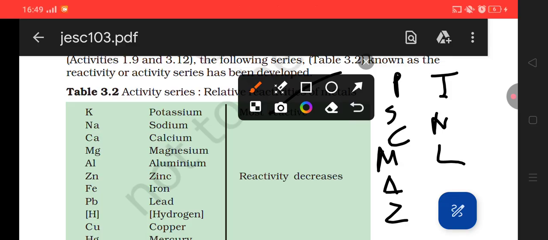So this is a very good trick. Okay, PSC mesental. You can learn like this, and then the rest of the metals I think you can remember.